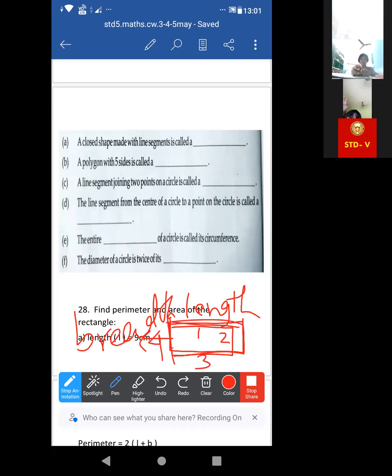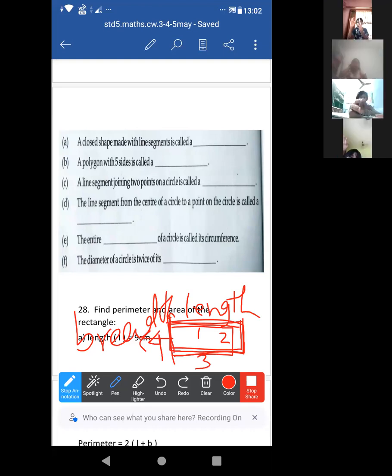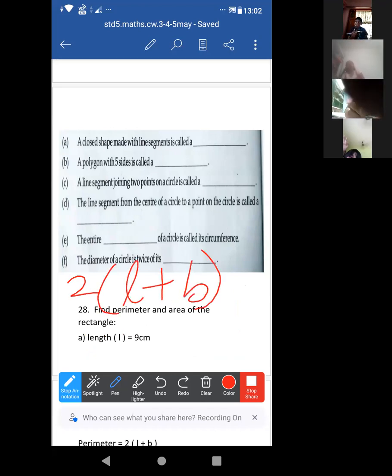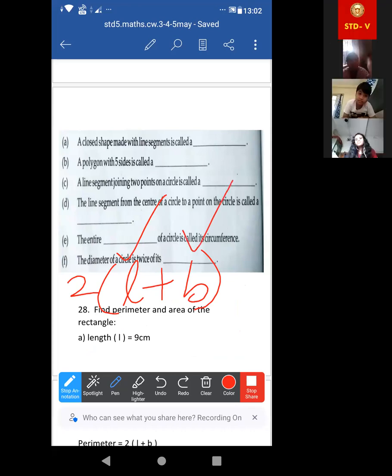That means length 2 times and breadth 2 times. So the formula is 2 into length plus breadth, 2 into L plus B. I am just writing L in place of length and B in place of breadth. Up to this, clear?